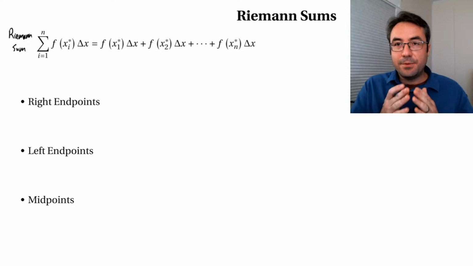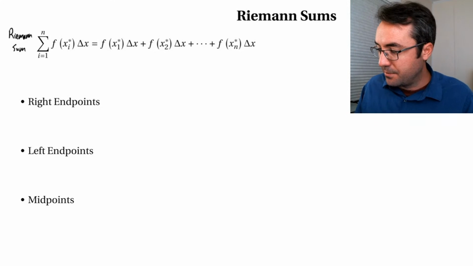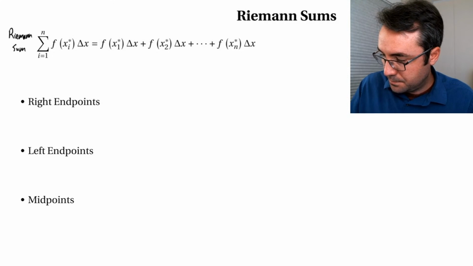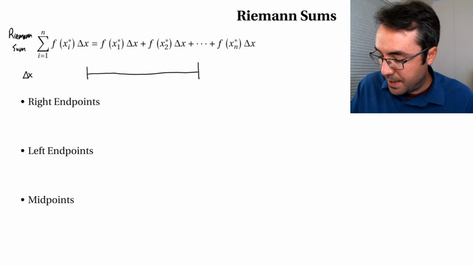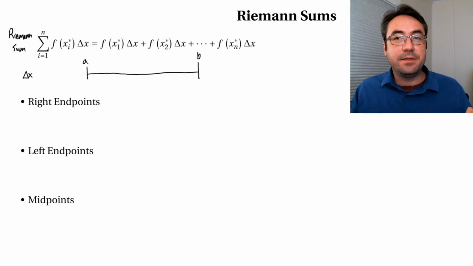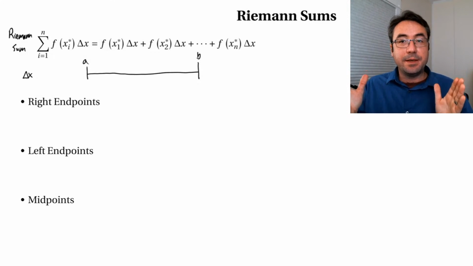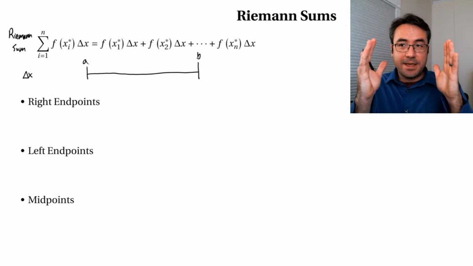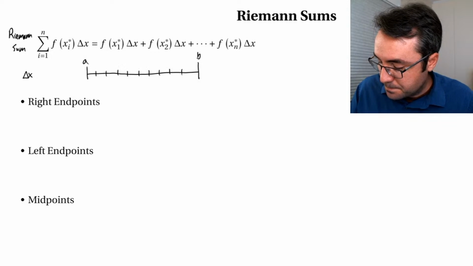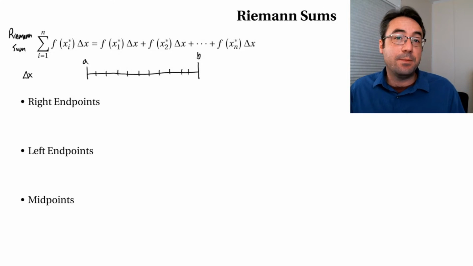So when we have our interval, usually we're talking about some interval from A to B. So in the context of area, we might be interested in finding the area under the curve from A to B. And so what we've done is we've said, let's take that big interval and break it up into many tiny little ones, all of the same width.